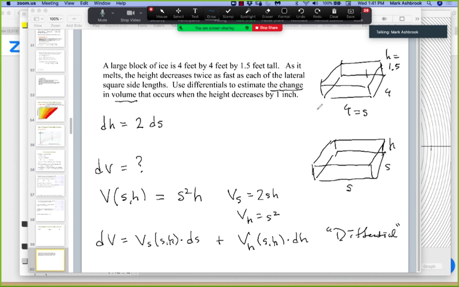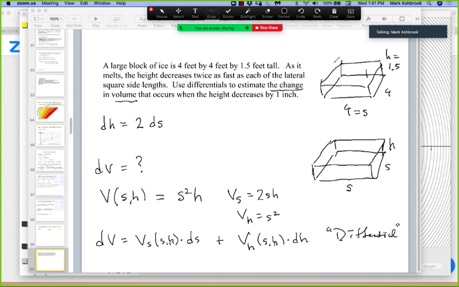And now we're going to apply it to this particular situation where s is 4, h is 1.5, and it tells us that the height decreases by 1 inch. What does that tell us? dH is negative 1/12, if we're going to stay in feet, right?